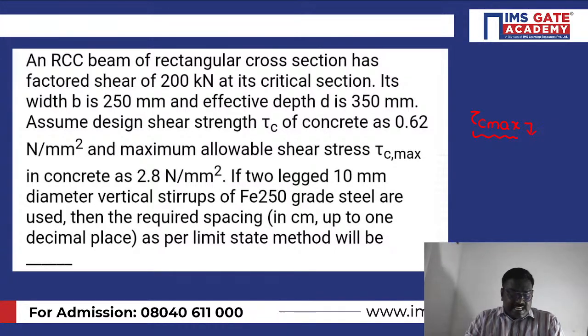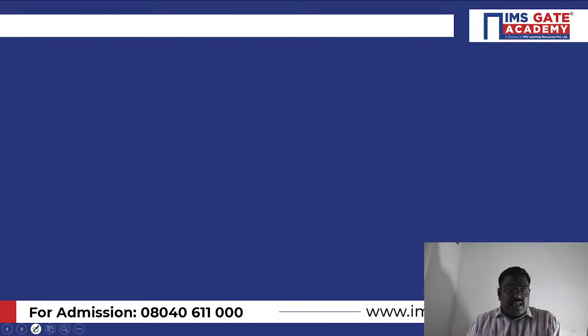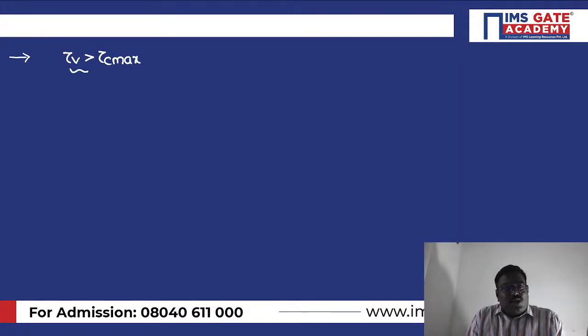Tau c max is a condition where they will identify whether the diagonal compression failure is there or not. For any section, we don't allow the diagonal compression failure. We check for diagonal compression failure, my dear students. If suppose tau v is greater than tau c max, we have to redesign the structure. This is the basics of shear.